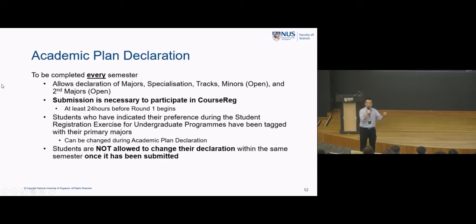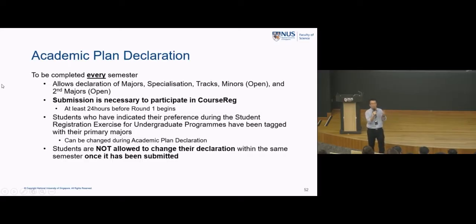So this changing back and forth can happen, and maybe should happen for a lot of people who are still shopping around. But typically, our advice to students is that by the time you start your second year, first semester or second semester, you should have settled into your primary major, the intended primary major that you want. Okay, so even though there is a flexibility of redeclaration, you really shouldn't be changing your mind too late.